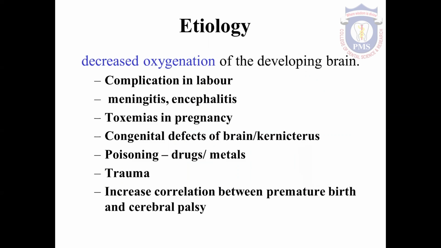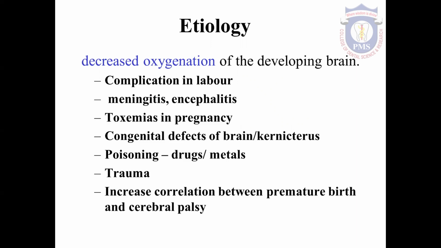So it can be due to complications in labor, that is, delayed labor, or the child is not coming out, the placenta has separated and the child is not starting to breathe, or there is a lack of amniotic fluid. In such complications, you can see cerebral palsy.